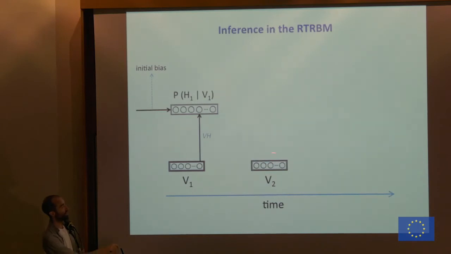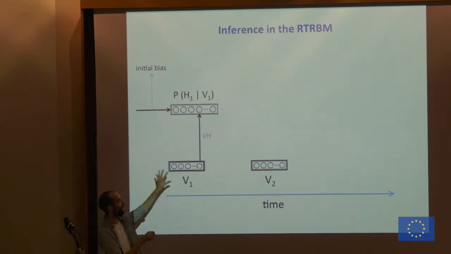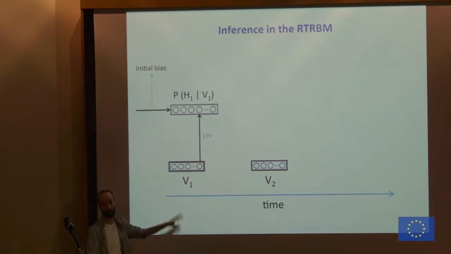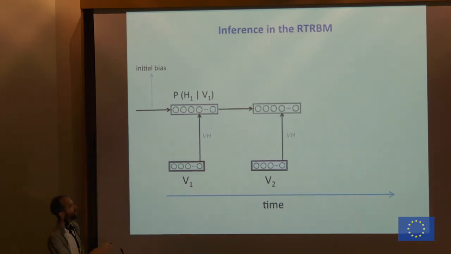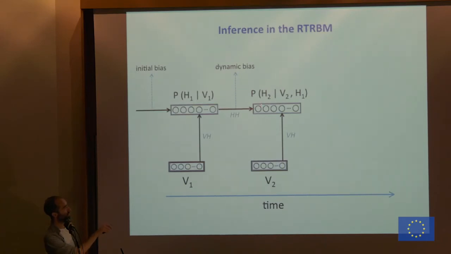Then we see another element of the sequence, but this is not independent from this one. They are correlated. So we infer the new value of the hidden units by also taking into account, beside the current evidence, the previous hidden unit activation. So these HH connections, you see, are the recurrent connections I printed before in the graph. So this is like a dynamic bias, which is adjusting the activation of these hidden units.